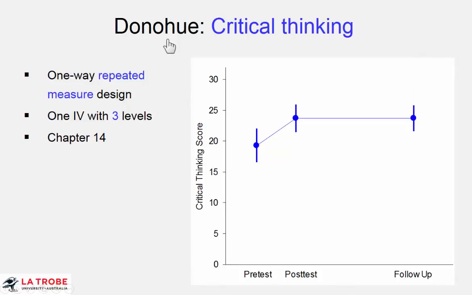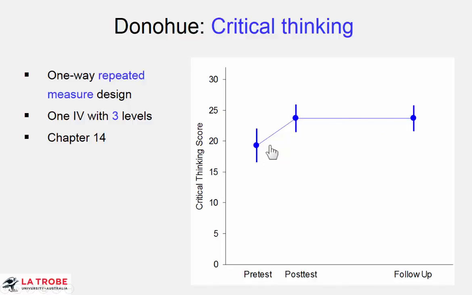The example in the chapter is a critical thinking study by Donahue, where a single group of participants were given a pre-test, then some critical thinking training, then a post-test, and then a while later a follow-up to see how well the gains in critical thinking ability held up over time.